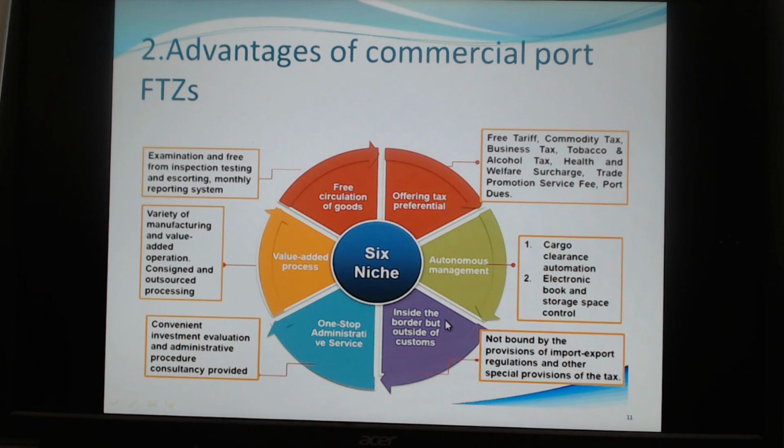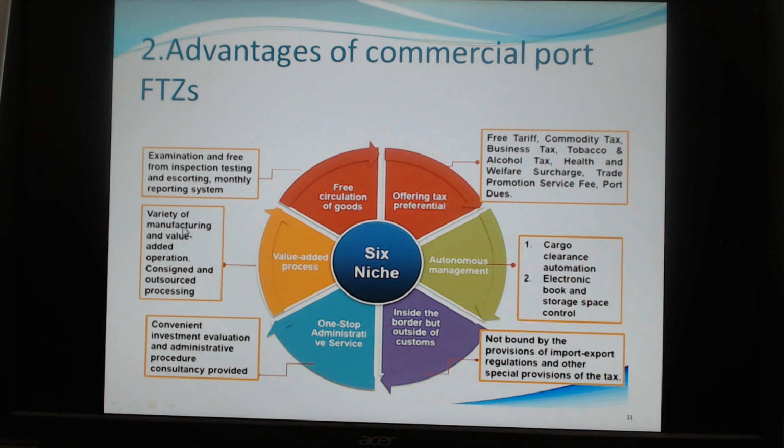Inside the border, but outside the border customs. That means this area is without any tax, so you can do some processing and various activities. For example, packing and labeling, and also we offer one-stop administrative service, and you can create various processes.